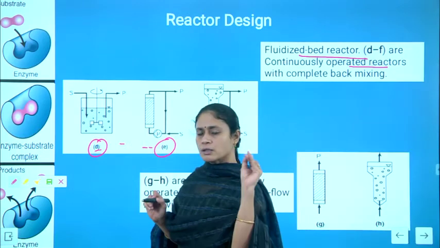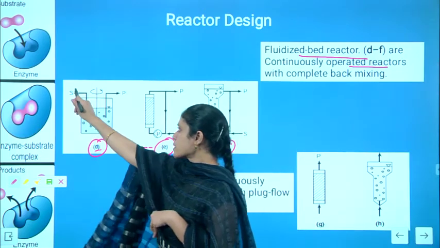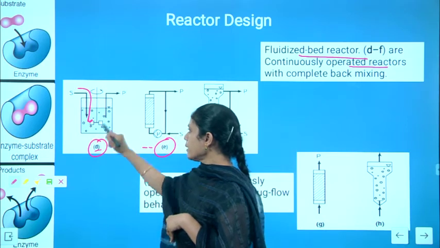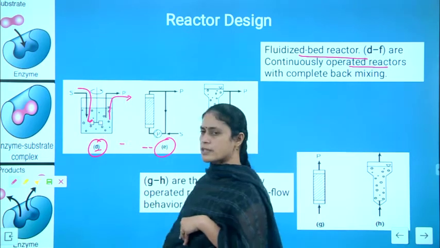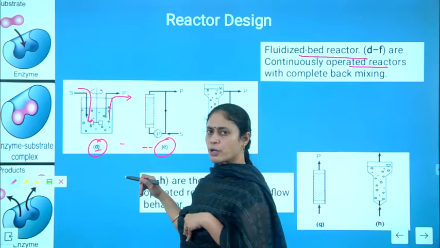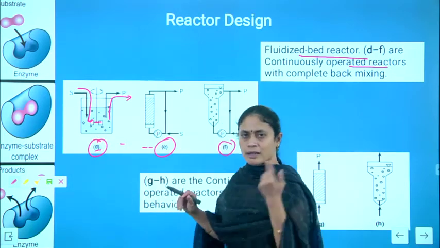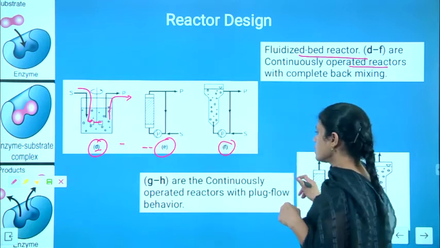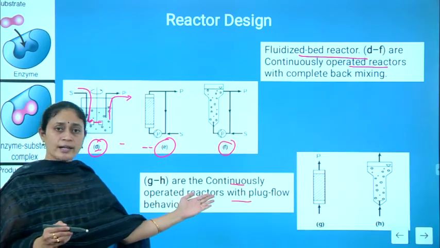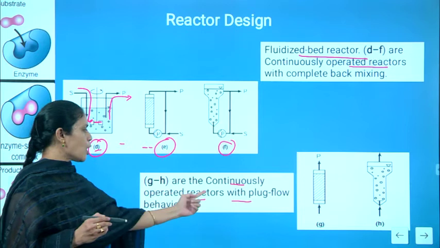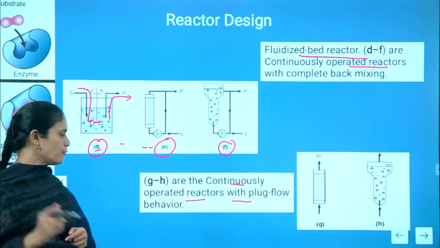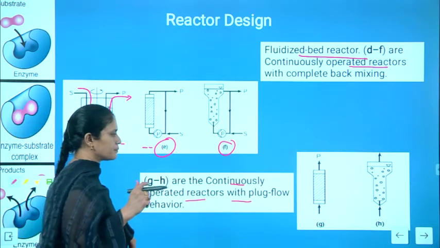When you are talking about continuous mode, your substrate is continuously supplied and your product is continuously removed out of your reactor while proper mixing is carried out. Figures G and H represent the continuously operated reactors with plug flow behavior.